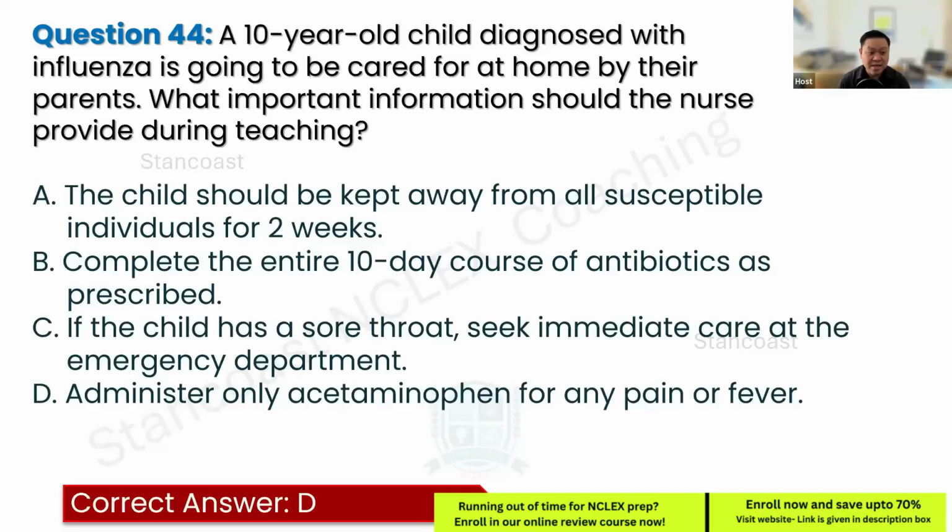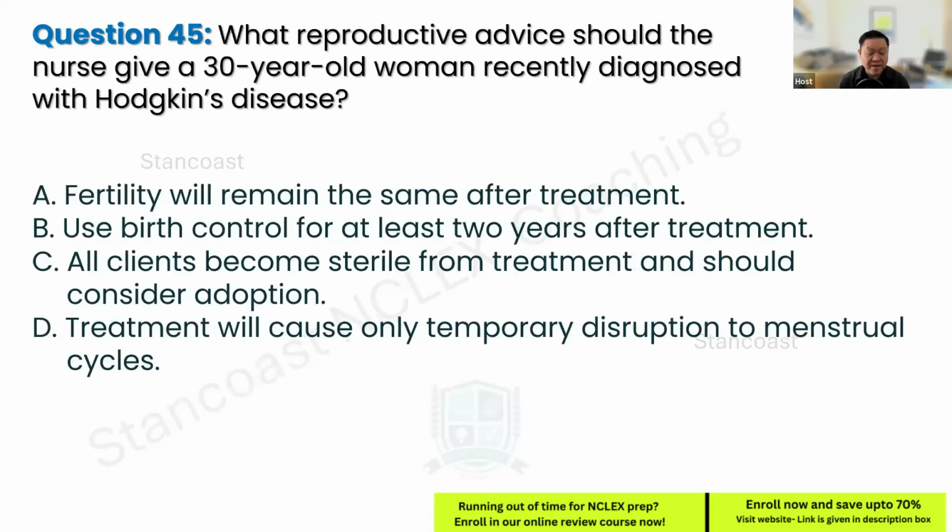And letter C is also incorrect because a sore throat is a common symptom of influenza and does not typically warrant emergency care unless severe symptoms develop. Now, you need to understand the differences between bacterial and viral infections, especially regarding treatment options and communicability, to effectively answer this test question.